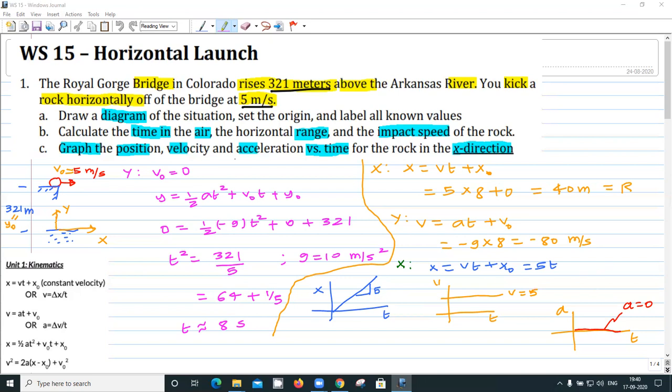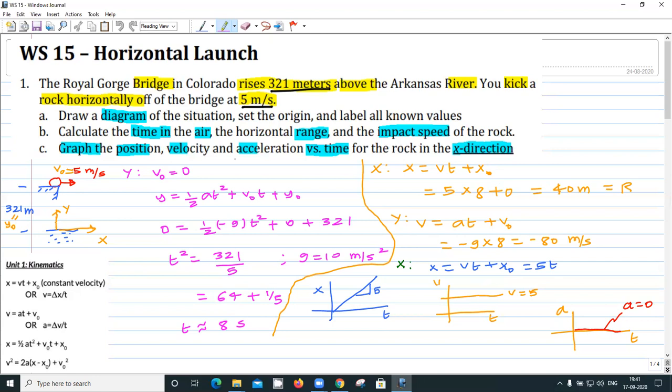Okay, and then for your v versus t graph. So here all the graphs are for the x direction. Right, it's all in the x direction, and your velocity is constant the whole time. And if it's rising, won't it be slowing down at the end? No, that is the total velocity.